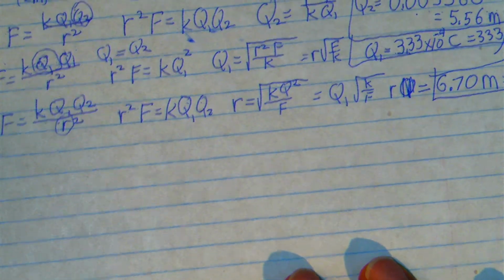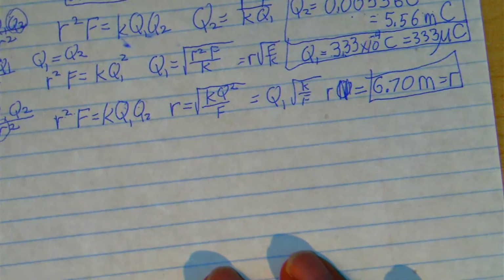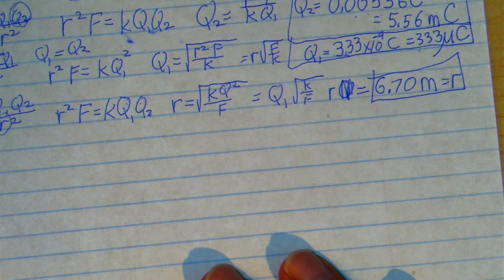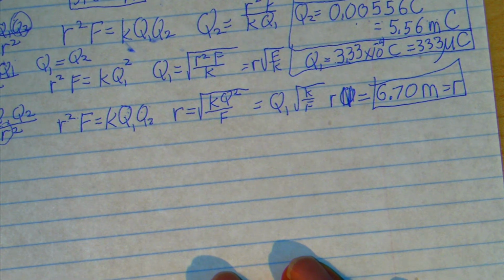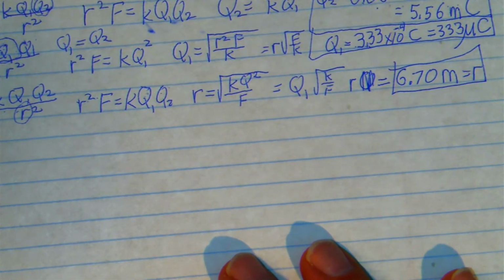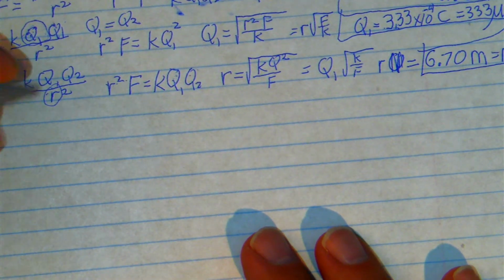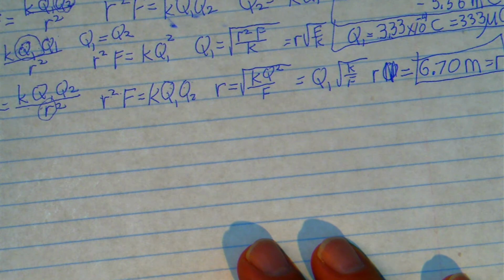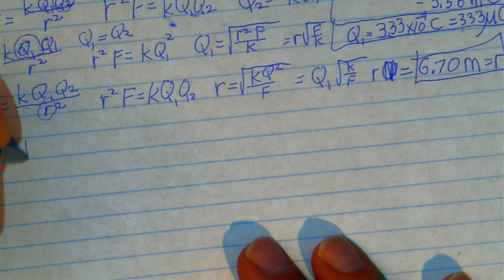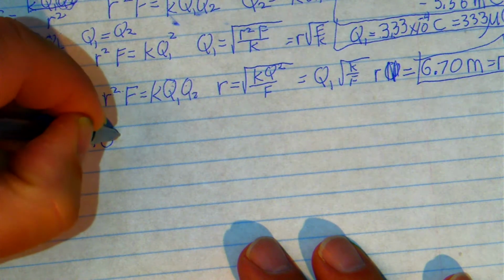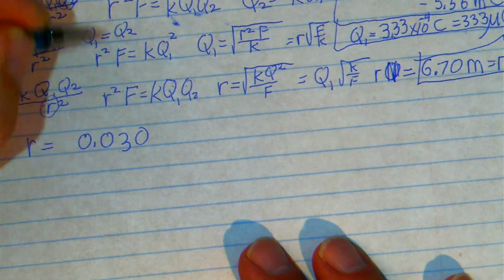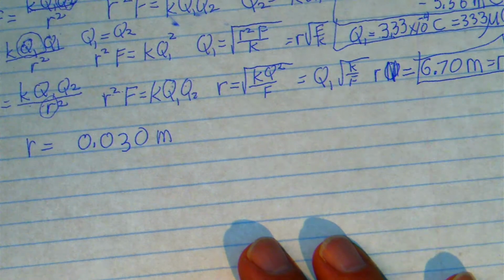Number 9. The force between two charges is 1,000 newtons. One charge has this value. What is the other has that value? And again, what is the distance between them? I'll just get to the answer. The answer is R is equal to 0.030 meters.